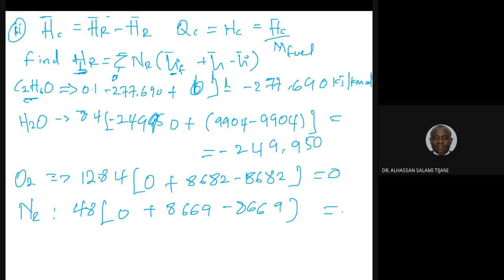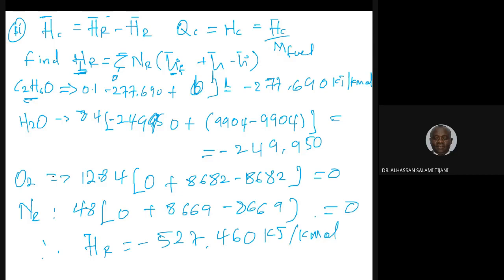So again this gives us 0. Therefore, H bar R for the reactant is minus 527,460 kilojoules per kilomole.